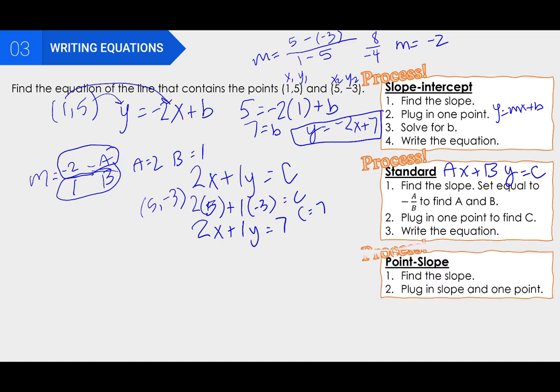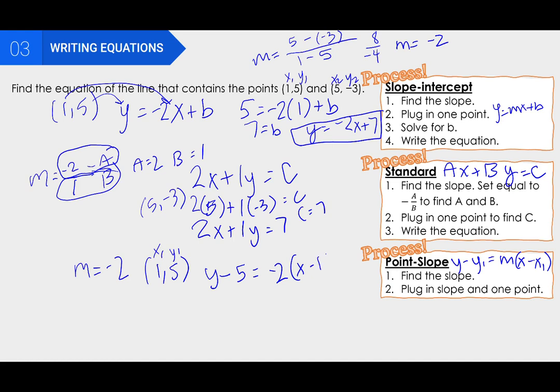Alright, that's one. Let's go ahead and do this for point slope form. The plop it in form. That's what I just decided to call it just now. Our slope is -2. And let's go back to using (1, 5). So our formula is y minus y1 equals m times x minus x1.